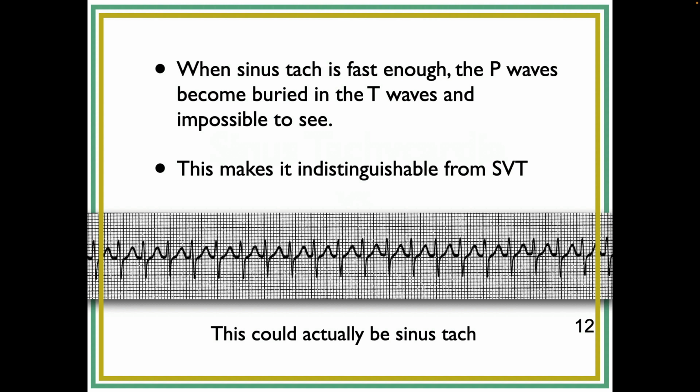Just so we're on the same page, we've said there are 4 rhythms that come under our umbrella term of SVT or PSVT. What are they? AVNRT, junctional tach, atrial tach, and AVRT.